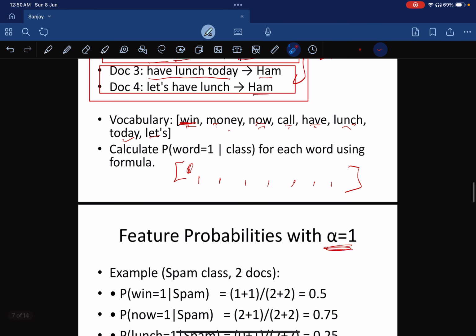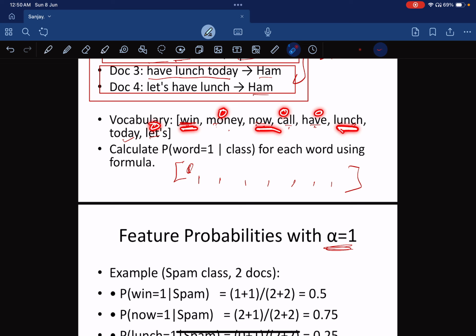Lunch occurs at the fifth position, and now occurs at the third. So win, now and lunch are the only ones with value 1. Other elements are 0.